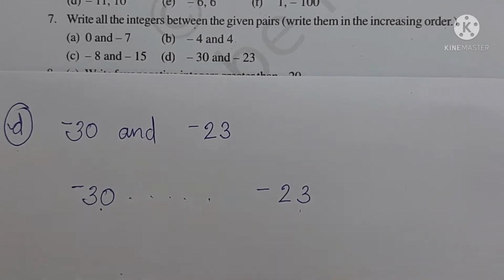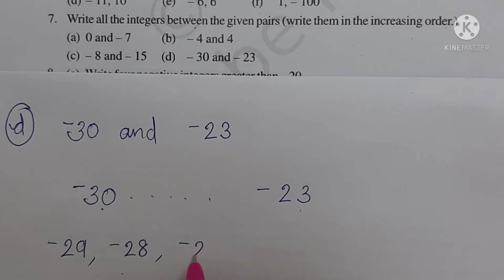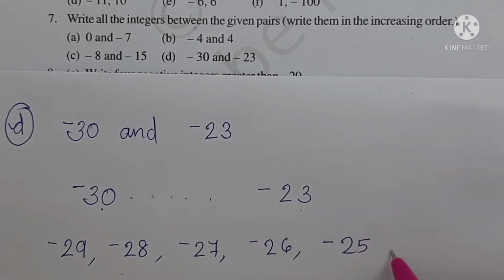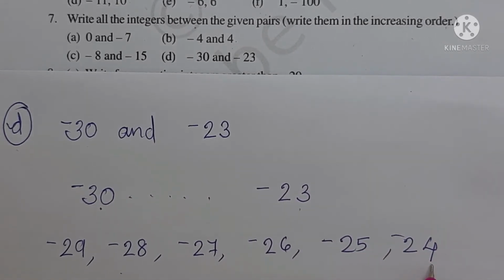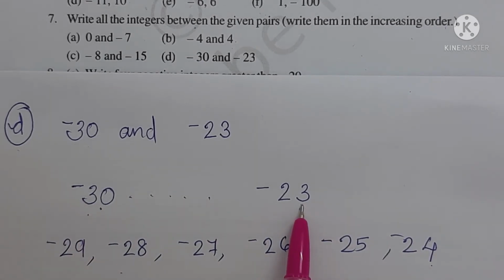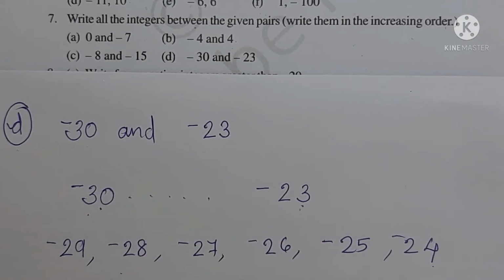The answer will be minus 29, minus 28, minus 27, minus 26, minus 25, minus 24. These are the numbers in between minus 30 and minus 23. So, we have written the integers between the given pairs.